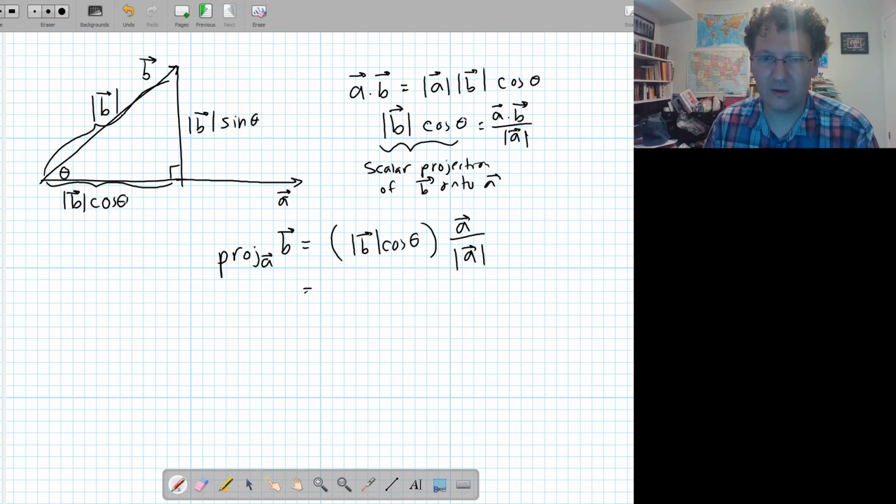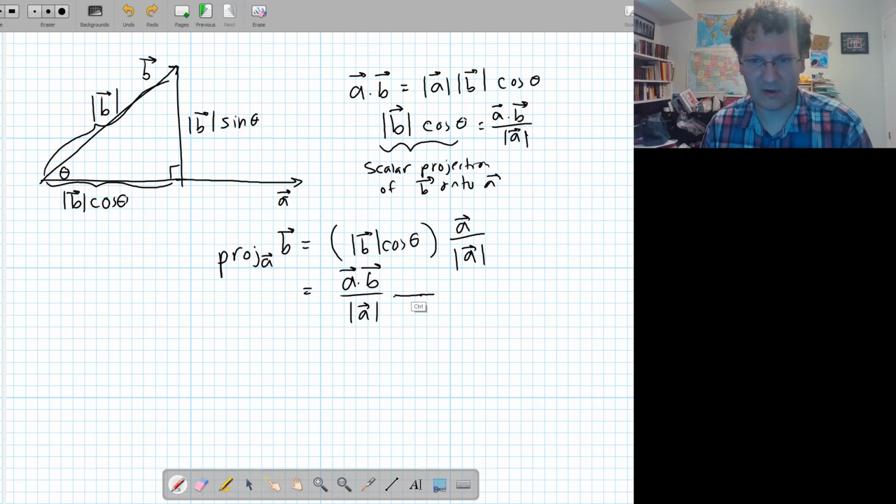And we can do a few substitutions. We can write a dot b over magnitude a, times a over magnitude a. It's a scalar product, so I don't have to put a dot there.